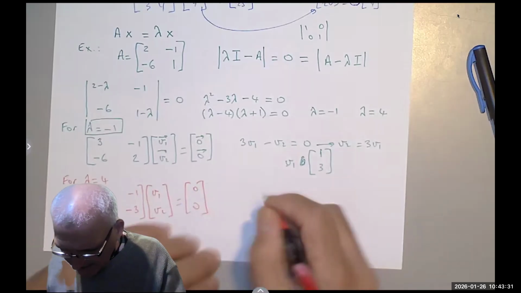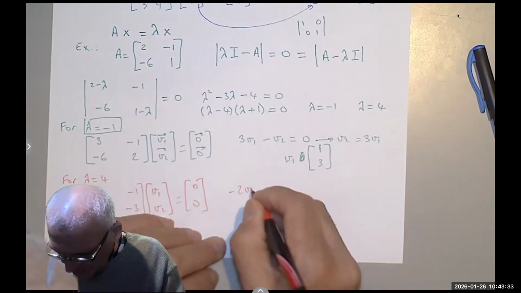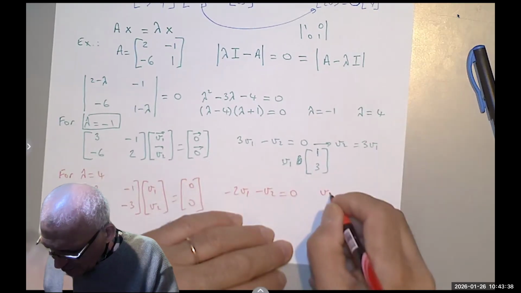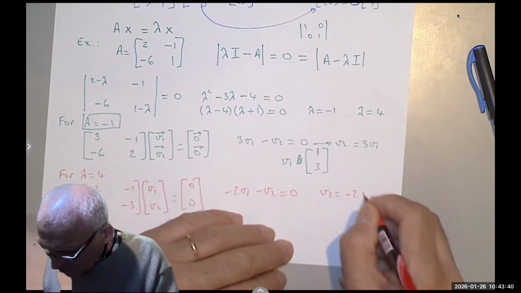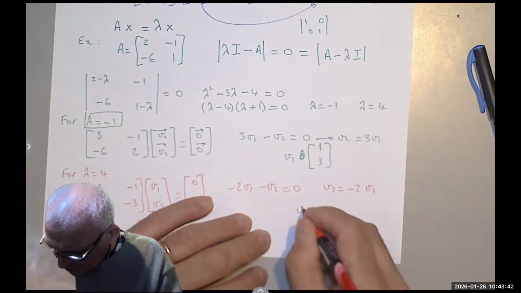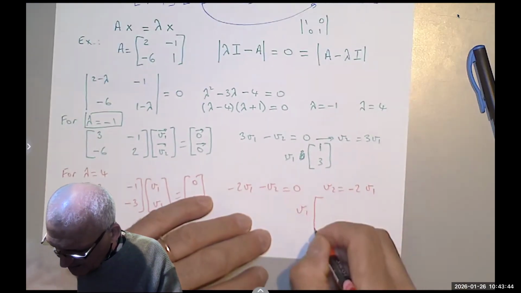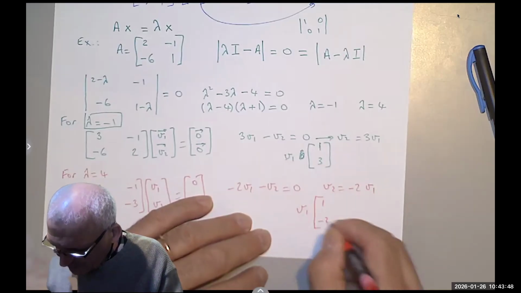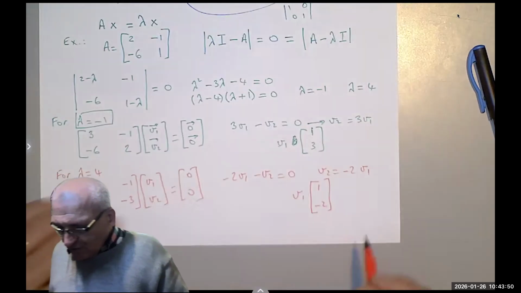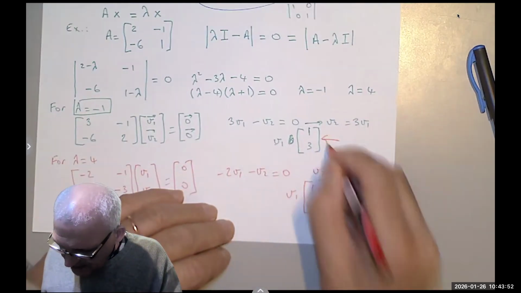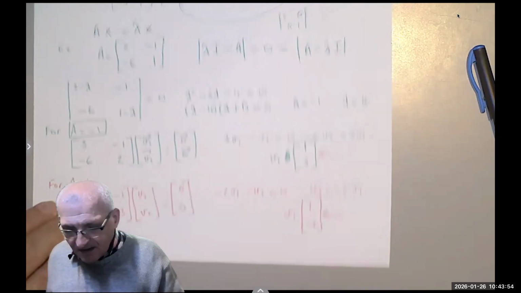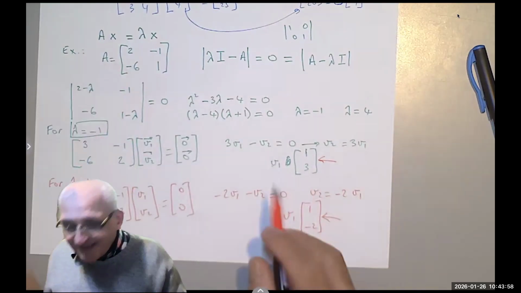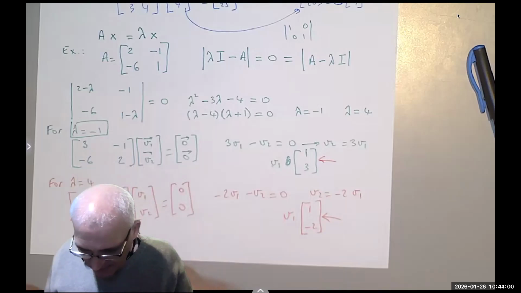So here I get -2V1 minus V2 equals 0. So V2 equals -2V1. So if I want to write it, I can say V1 is 1, but V2 is -2.